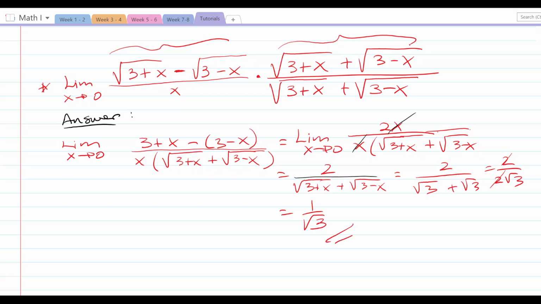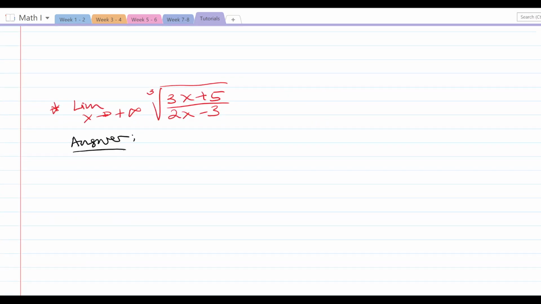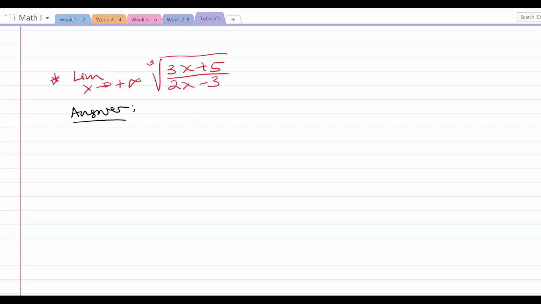That's good enough. And let's see if we have another one. In this case, without using L'Hopital's rule, find the limit of the square root of 3x plus 5 all over 2x minus 3.